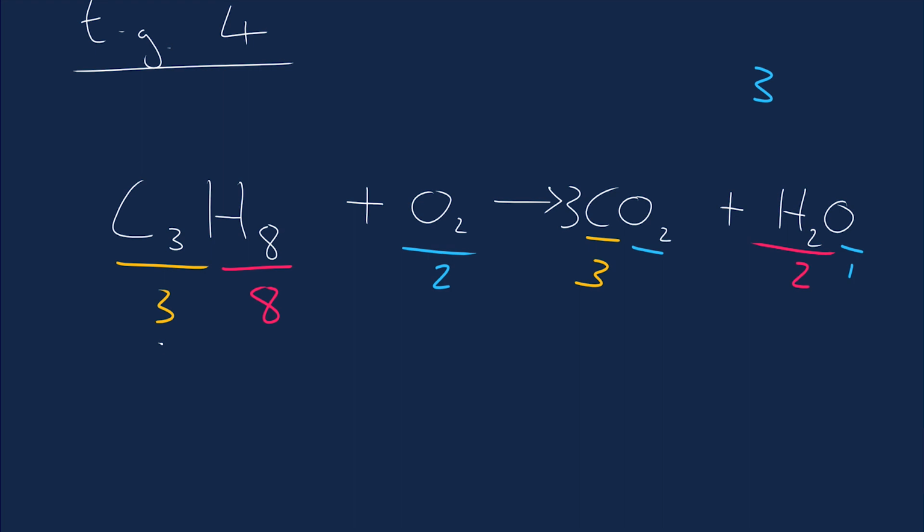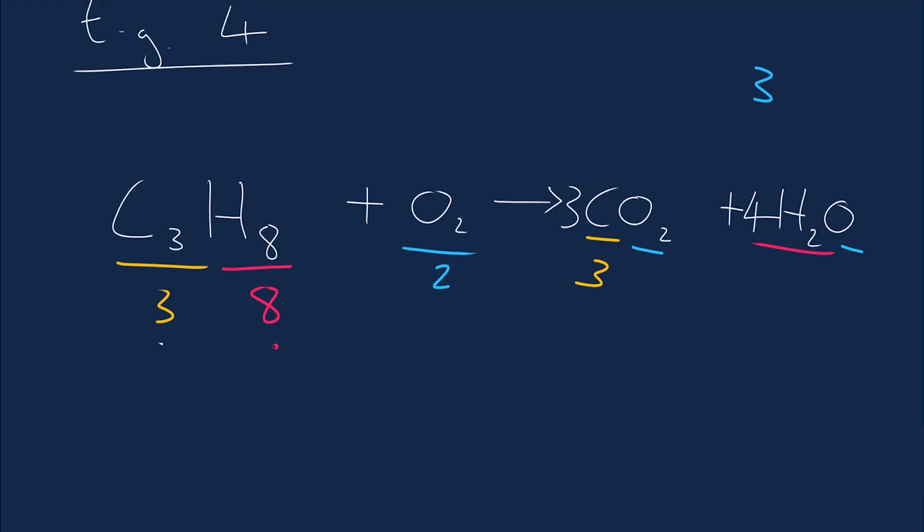What about hydrogen now? We have 8 hydrogen here, and we have 2 here. So water is H2O, so we have 2 lots of hydrogen per water molecule. So to get 8 hydrogen out of this, we're going to need 4 H2O. So 4 lots of water molecules, okay?